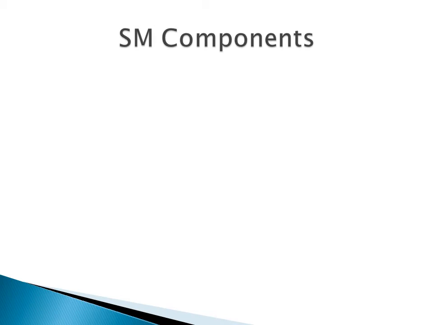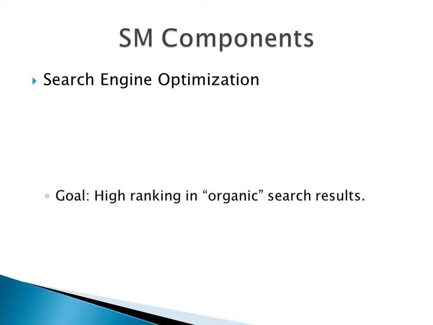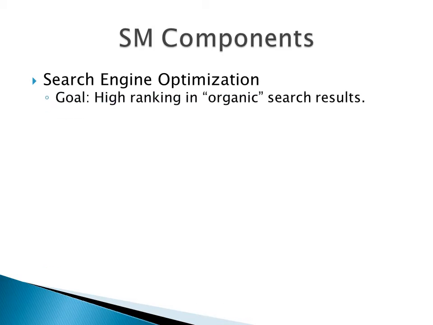Now, search marketing has three components. I want to briefly mention each one of them right now. Search engine optimization, sometimes called SEO, has the goal to rank high in organic search results.